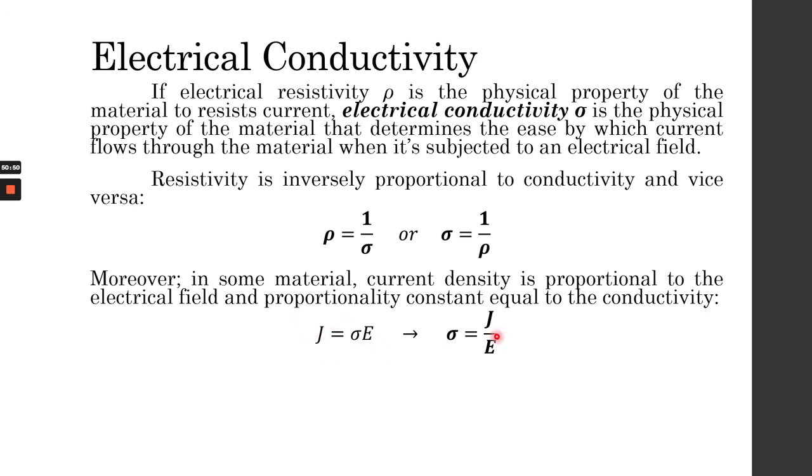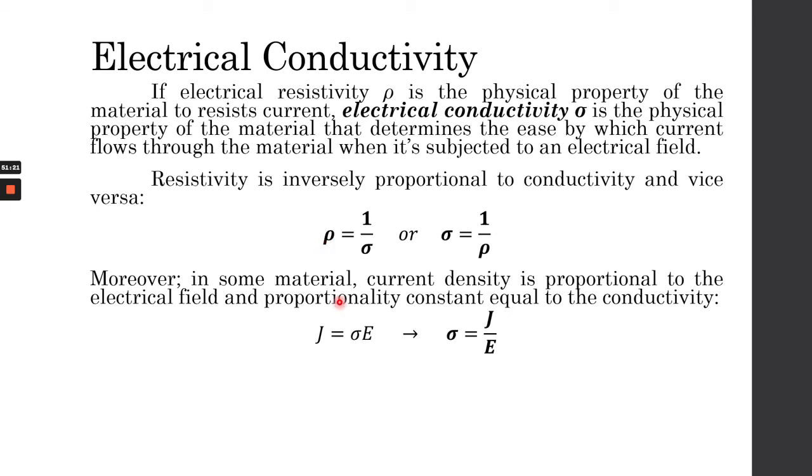So rearranging this equation, we can use it to measure conductivity. Electrical conductivity is basically equal to the current density divided by the electrical field. And if you go back to resistivity, E over J is rho. If you switch it, instead of J over E, making it E over J, that is actually equal to resistivity.